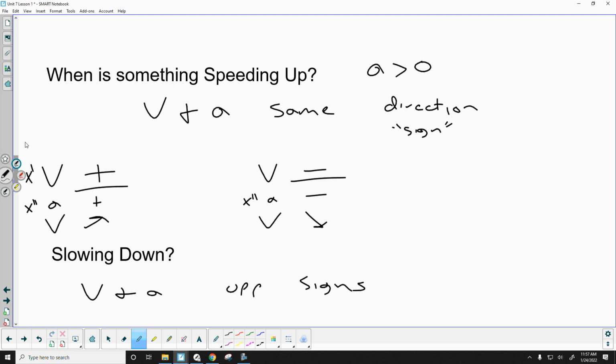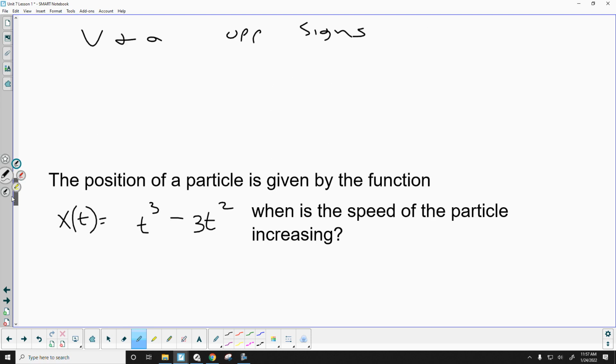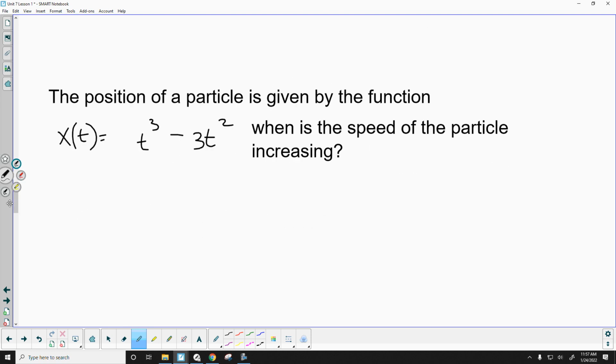Okay? All right, let's go back to this first equation we had for the position of my dude on my x-axis. t cubed minus 3t squared. And I'm asking you, when is the speed of the dude, we say particle, think of it as a dude on a number line moving right and left, increasing? Well, we need an analysis of x prime and x double prime to be looked at at the same time.